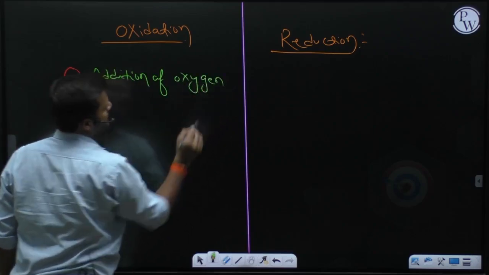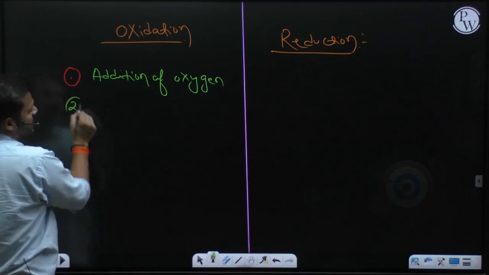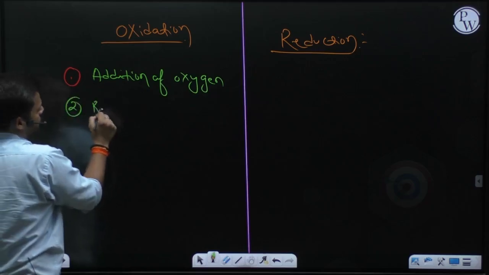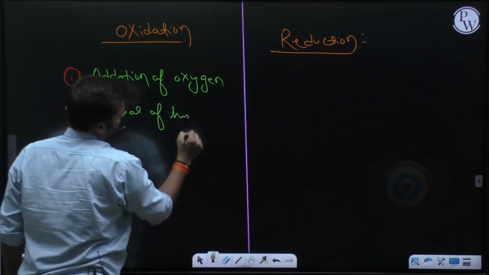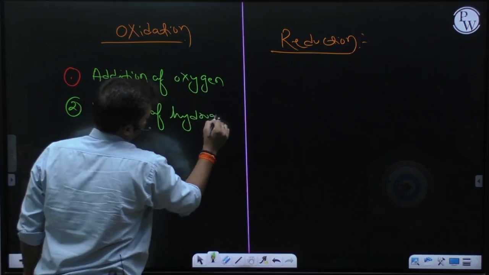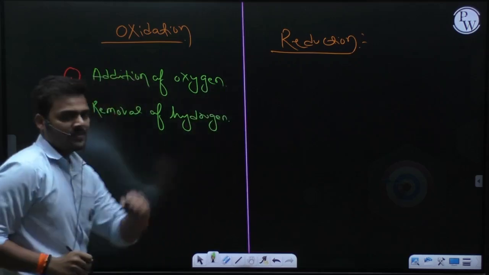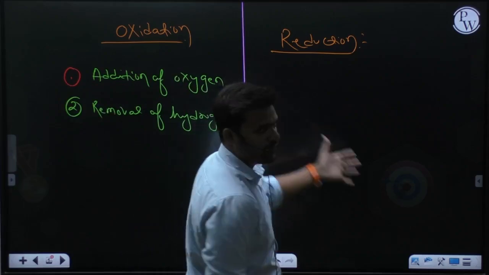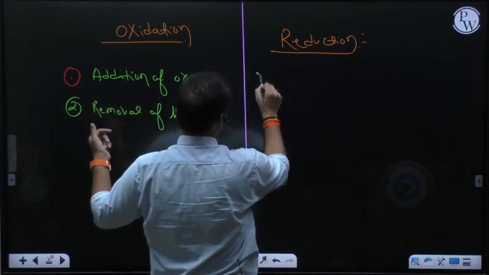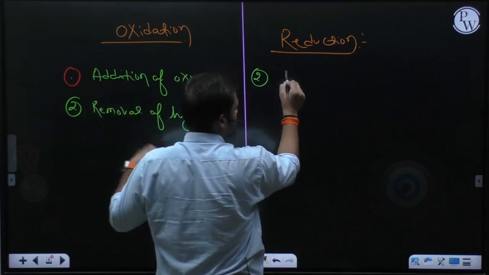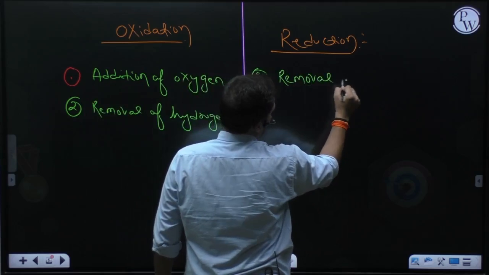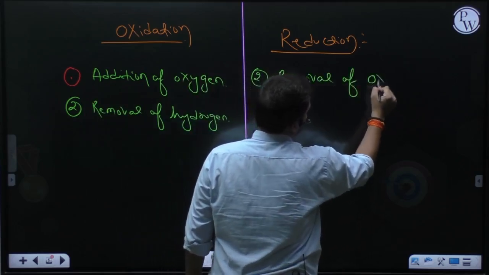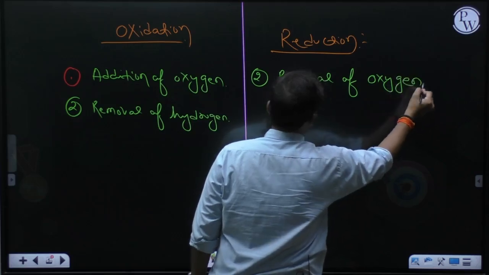It is defined as addition of oxygen, as well as it is also defined as removal of hydrogen, right? I hope you get the point. Now what is reduction? Just a vice versa of it. Reduction is defined as removal of oxygen, right?